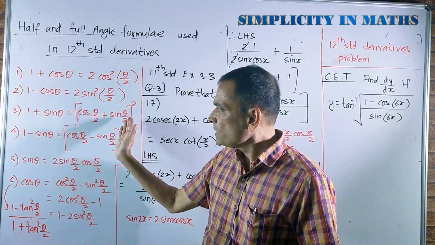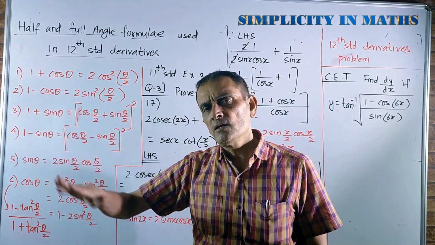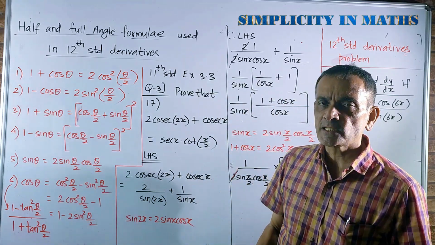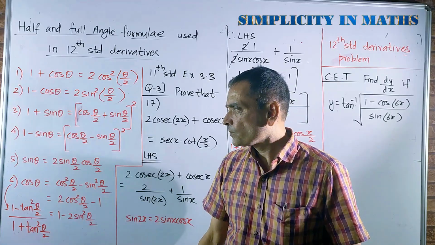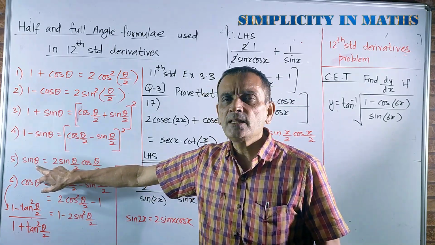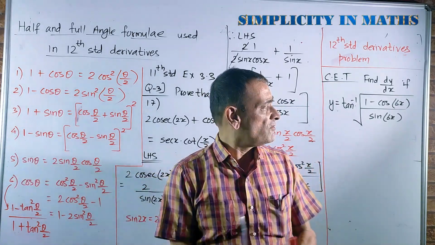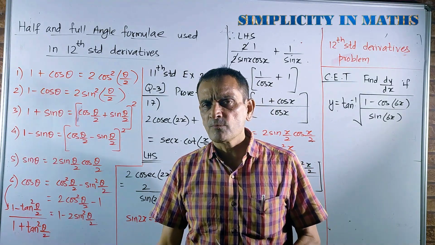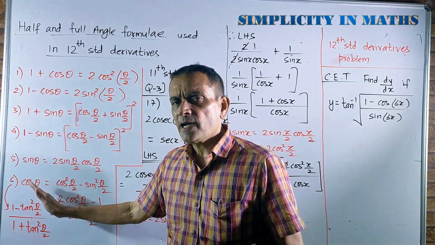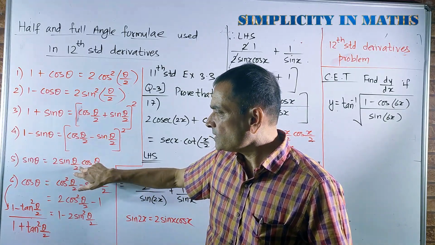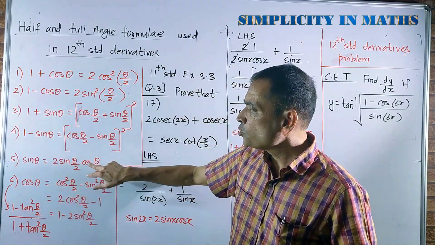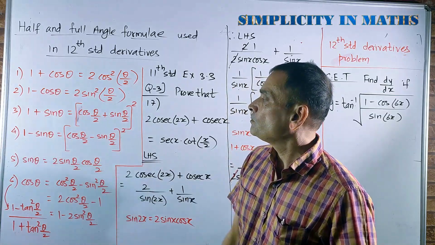They can be proved by starting with the RHS and using the formula (a plus b) squared, but there is no need to prove it. Okay? You have to remember them. If you get only sin theta, as in most sums, as we are going to see in one 12th standard problem, then the right hand side is 2 sin cos, and here the half angle: 2 sin theta by 2 cos theta by 2.